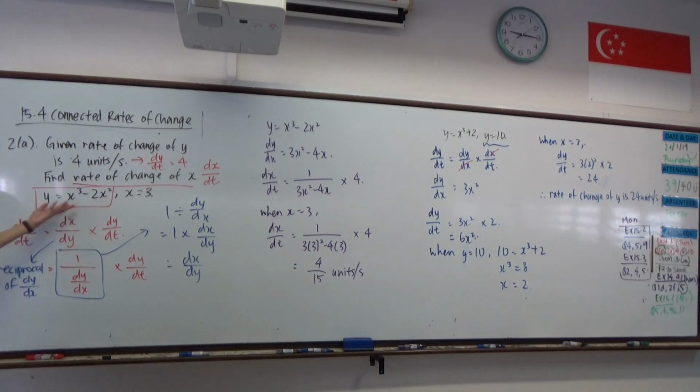We cannot factorize. There's no way for us to make x the subject. If you can, that will be great. For now, I think cannot. Based on what I see, our algebra skills do not allow us to make x the subject.